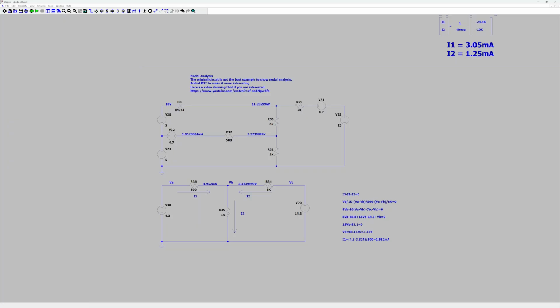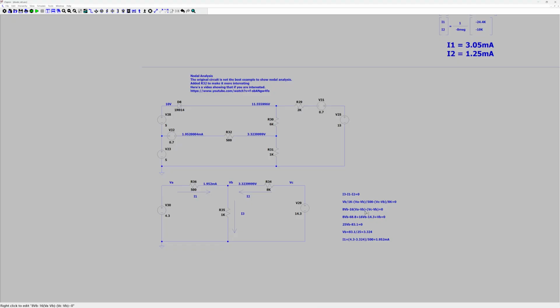So you just put in the values for I3, I1, and I2. And then to help further, you multiply across by 8K, and you end up with 8 VB, 16 VA minus VB, and VC minus VB equals 0.